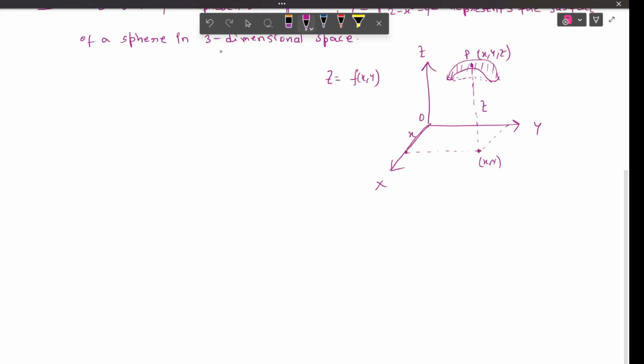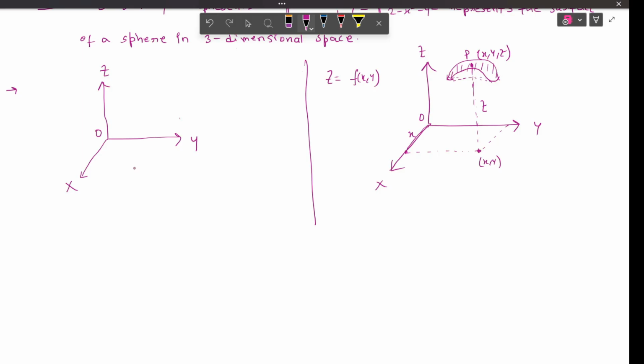Now let us see our next topic. Now we want to find the limit and continuity of a function of two variables. Okay. And the meaning of a variable point x comma y tending to a fixed point a comma b. So let us see another diagram. This is your x, this is y, this is z.